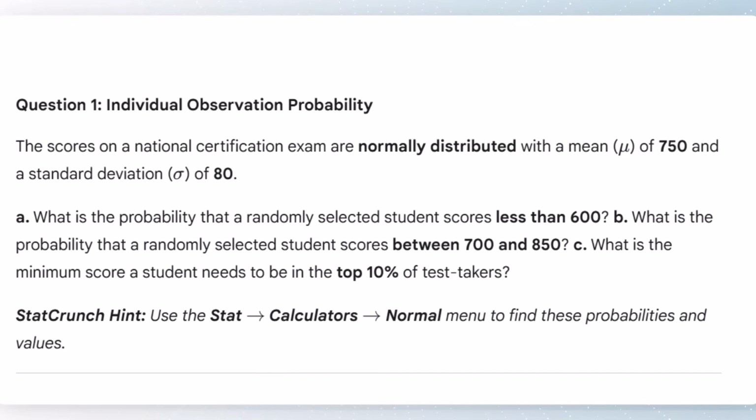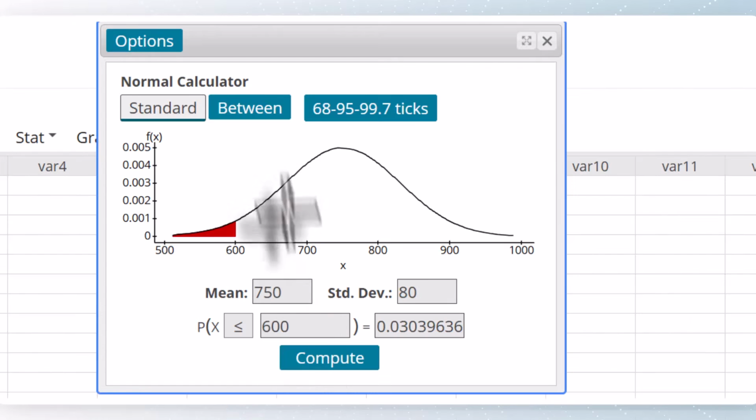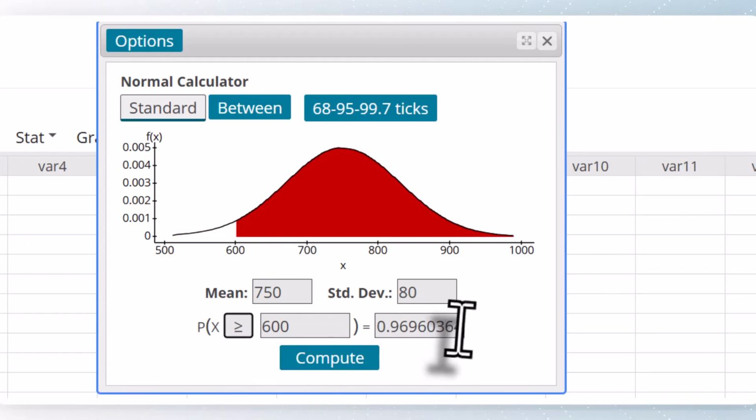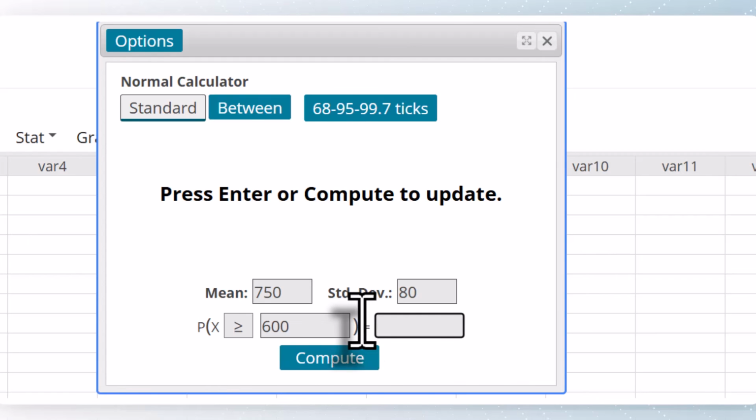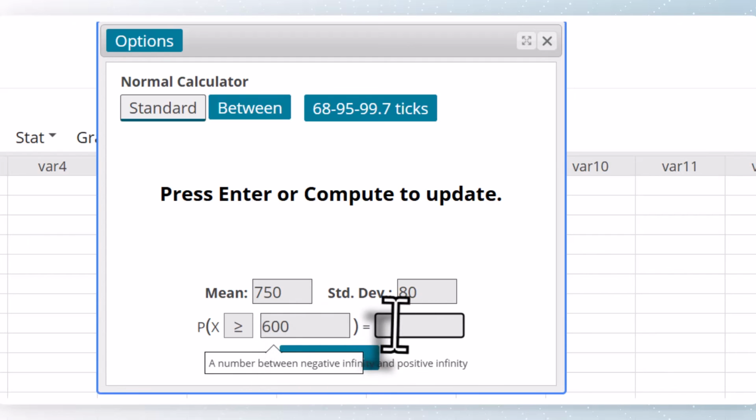So let me show you how to do this using StatCrunch. Top means it's an area to the right, so you need to change the less than to greater than. And right here, guys, because it's a probability, the probability should go in this field. This field here is reserved for the X values, and this one for the areas, the probability. So 0.10, 10%.